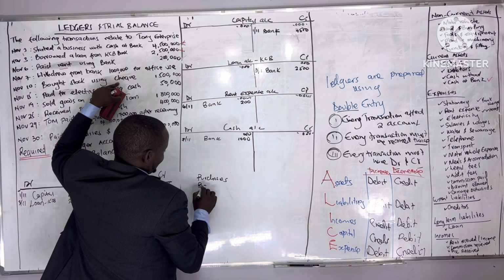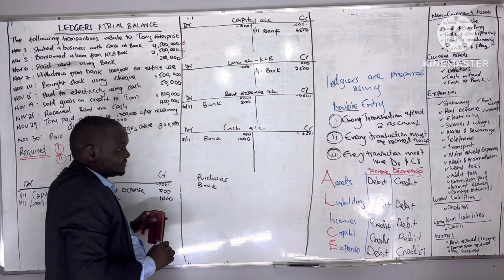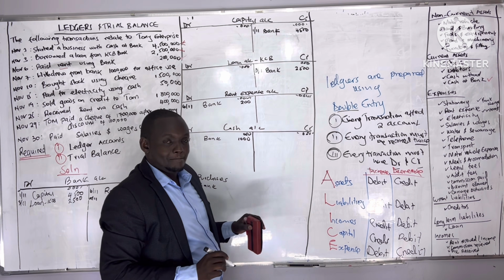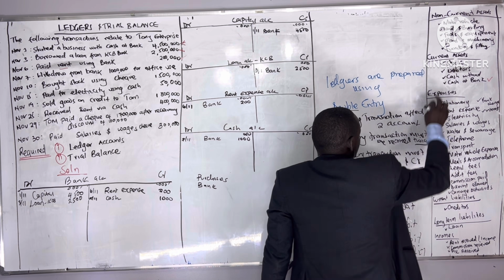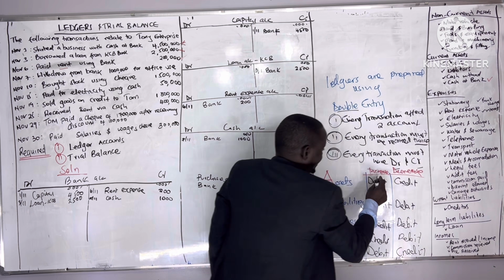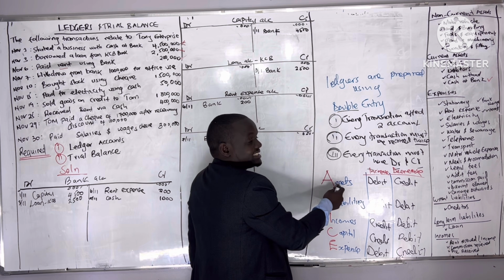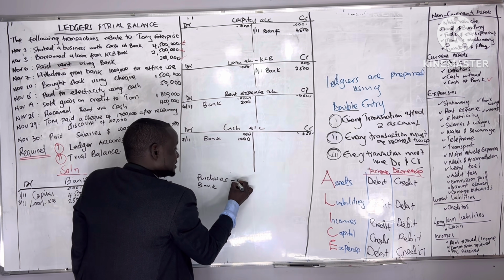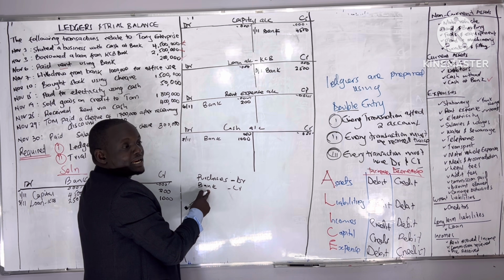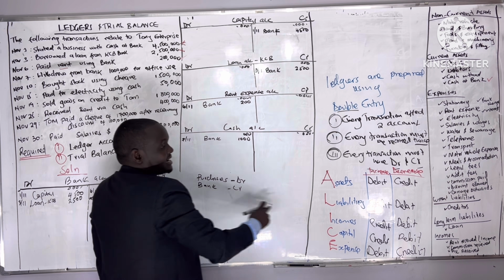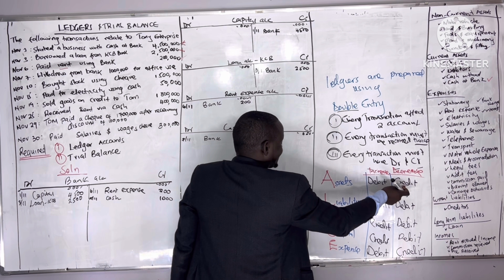Stock is an asset, so increase in stock is increase in asset, which must be debited. We are also losing money in the bank, which is an asset. Decrease in asset is a credit.